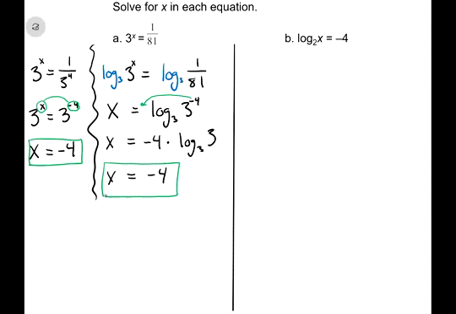Now, for B, what could we do? Let's start off with applying the definition of the logarithm. Now remember, we define the logarithm implicitly in terms of a translation between exponential form and logarithmic form. And I'll never forget the way I learned it in the very beginning.